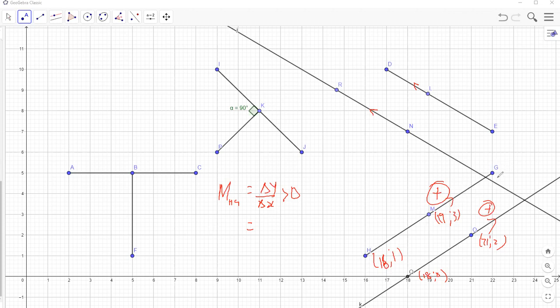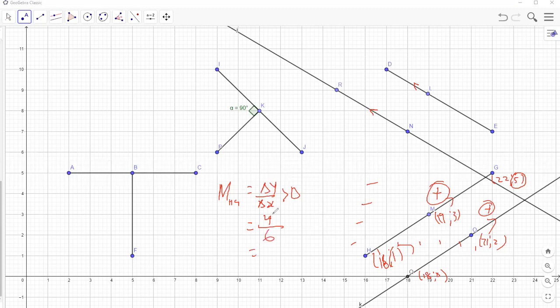But so that your doubts are satisfied, let's go for that. Let's start with the change in y. Remember, y here is 5, and y here is 1. So the change in y is 4. 1, 2, 3, 4, and we are at G. Good. What about the change in x? 1, 2, 3, 4, 5, 6. The change in x is 6, which will be 22 minus 16.